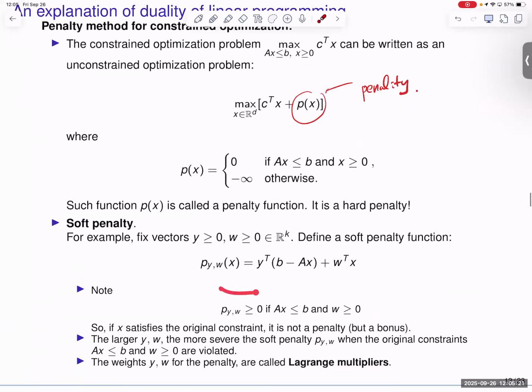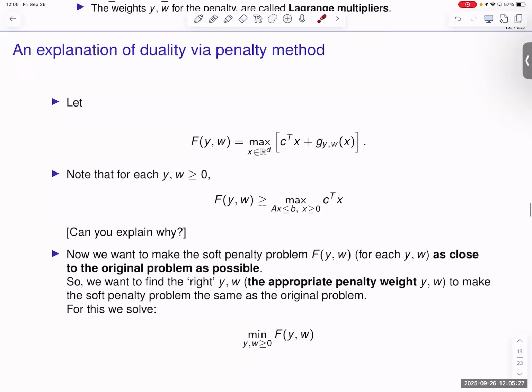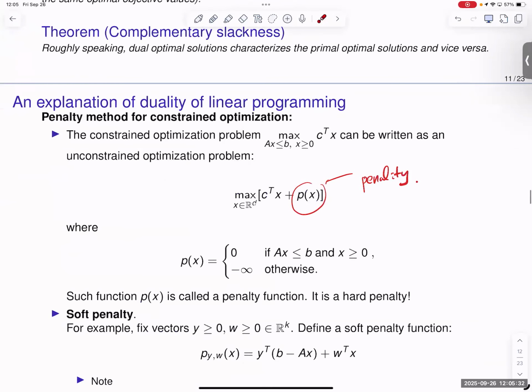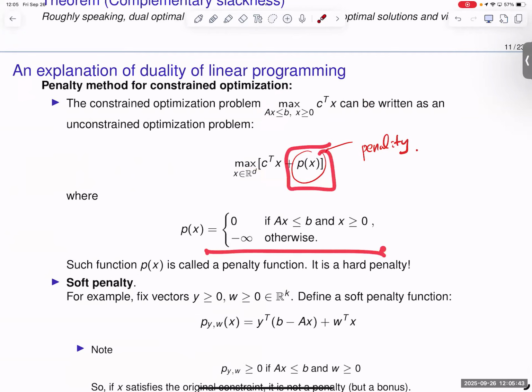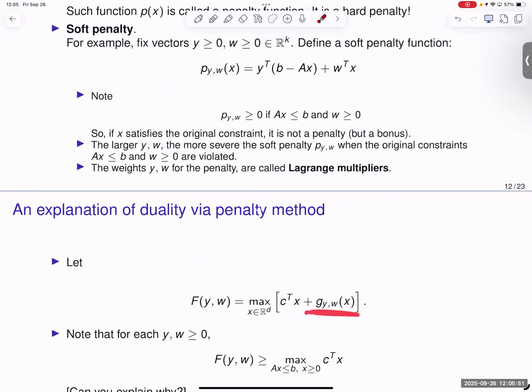Okay, then how is this penalty method related to duality? Now, instead of the original constrained problem, which can be translated into this unconstrained problem with this infinite penalty, or sometimes we call it hard penalty, you consider this soft penalty problem with the same goal of maximizing, but you just have this slightly different objective function.